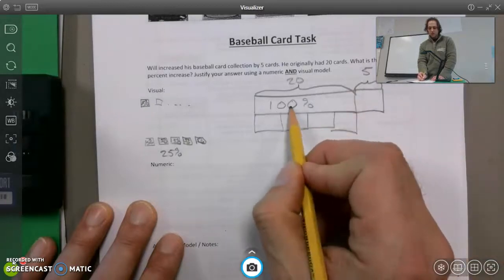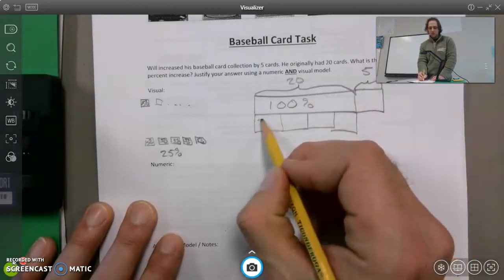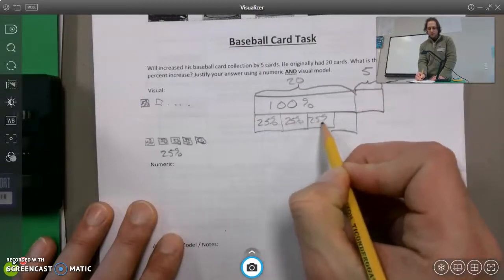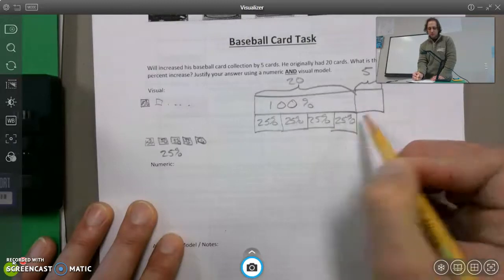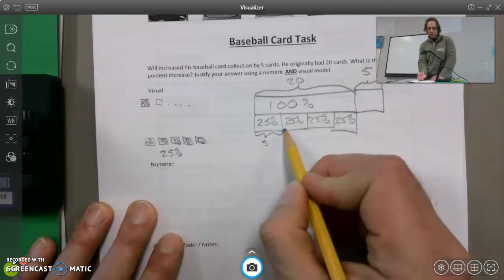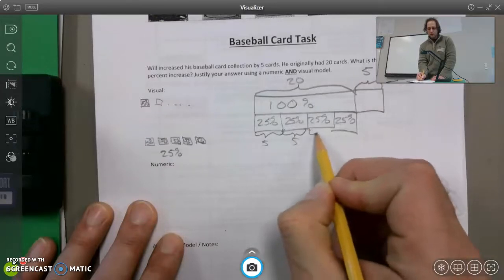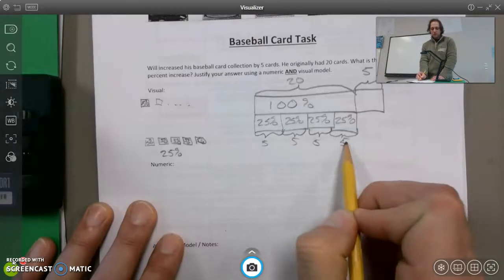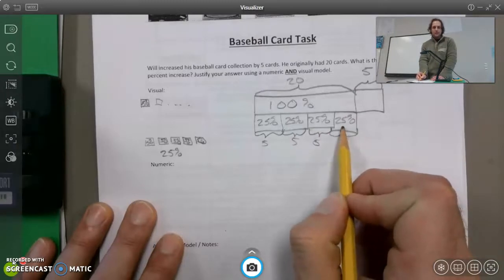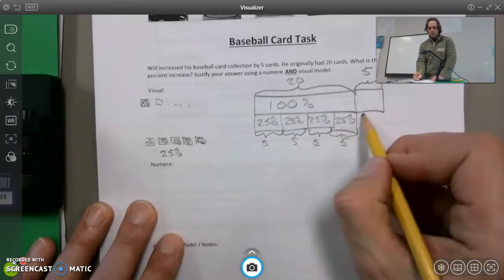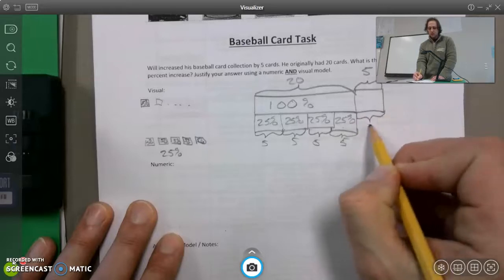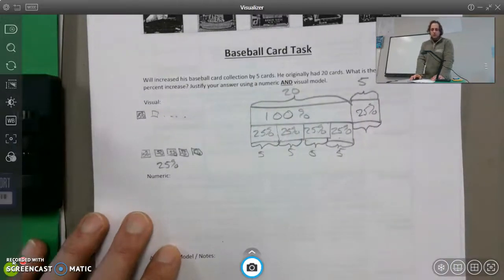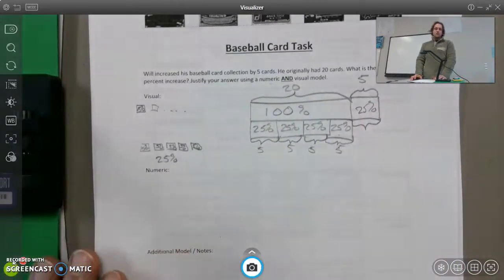Well, 100% divided into 4 groups. Each group of 5 is worth 25% of my original. That's 5, 5, 5, 5. Each group of 5 cards is worth 25% of my collection. So an additional 5 cards would be an increase of 25%. So what you see here is a 25% increase.